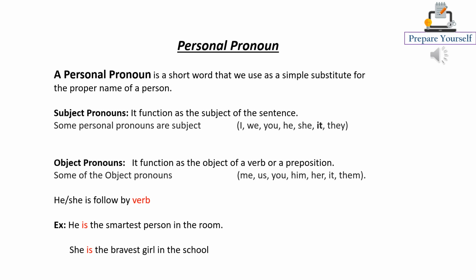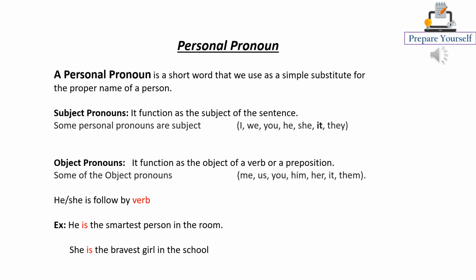The words which we use as subject pronoun are I, we, you, he, she, it, and they. Object pronoun. Object pronoun functions as the receiver of the sentence. In other words, it functions as the object of a verb or a preposition.